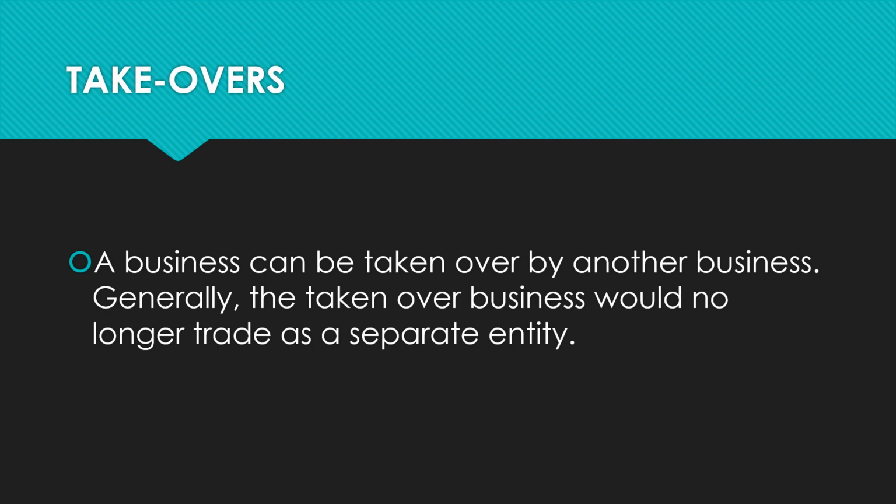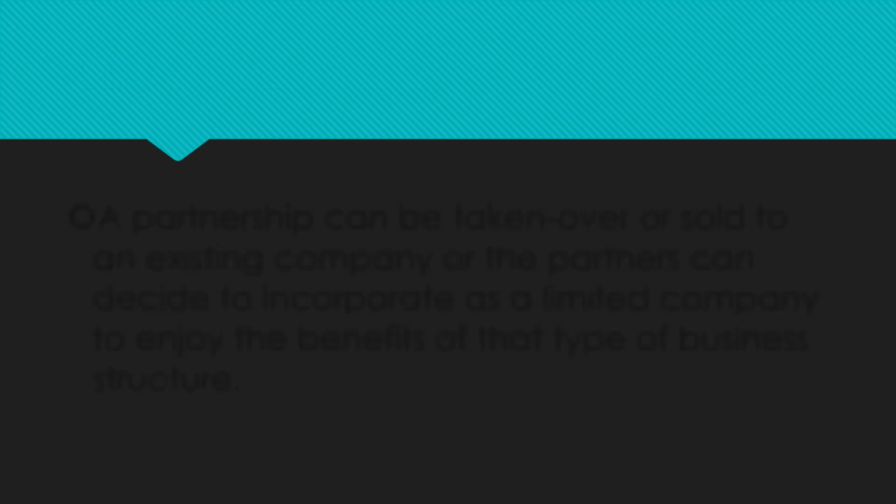So let's say, for example, you had business A, and business A decides that it will take over business B. What would happen is that business B would cease to trade as a separate entity because it was taken over by business A. So again, a business can be taken over by another business, and generally the taken over business will no longer trade as a separate entity.